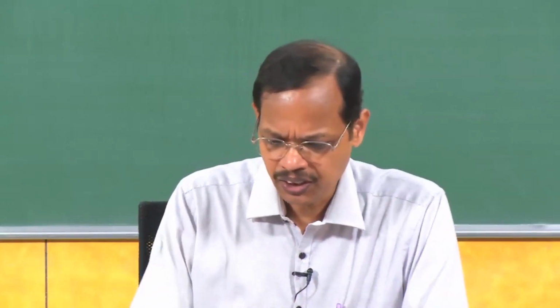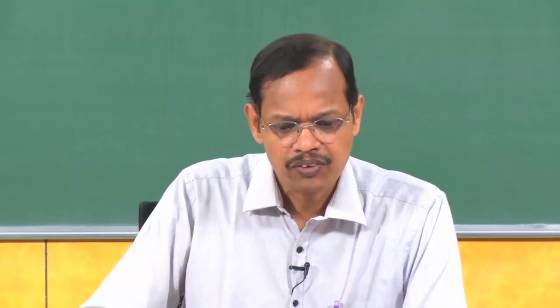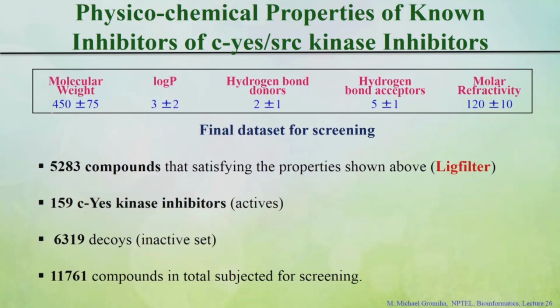So, from these 159 you can calculate the physicochemical properties, right, different properties you can calculate. For example, we take the 5 important ones: molecular weight is 450 plus or minus 75, right, in this case 375 to 525, log P is 3 plus or minus 2, hydrogen bond donors 2 plus or minus 1, acceptors 5 plus or minus 1, and the molar refractivity 120 plus or minus 10.